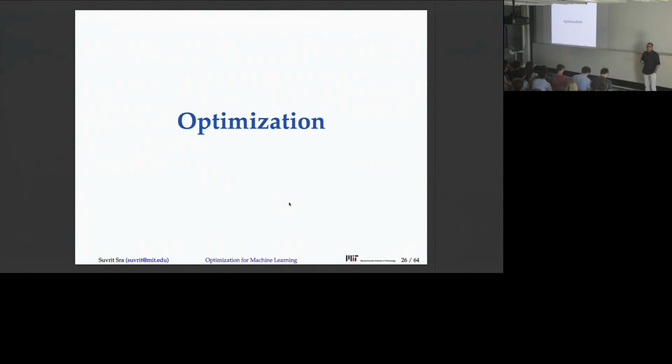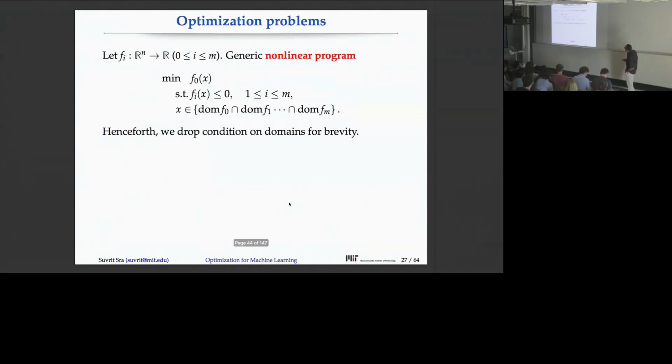Now let me expand that f of theta thing that I said to something more fancy. So this is called a standard nonlinear program. You have some cost function, you have a bunch of constraints, and of course, for that problem to be reasonable, x had better lie in the domain of all those functions. So I'll just drop the conditions of the intersection of their domains being non-empty.